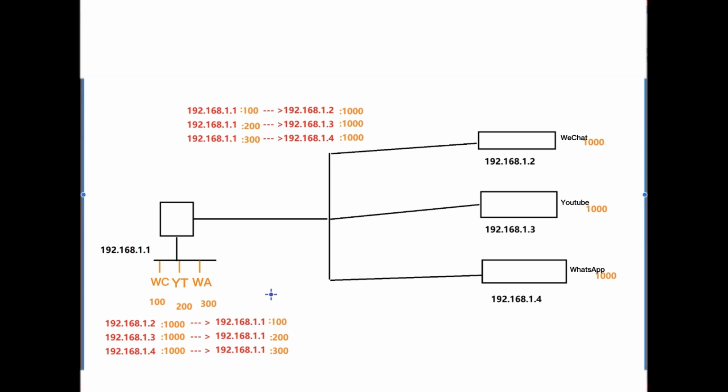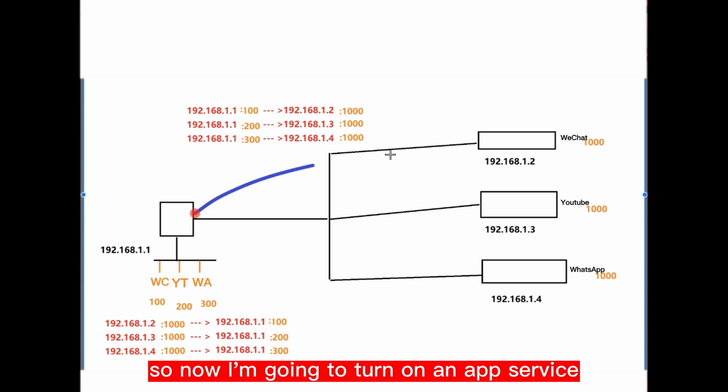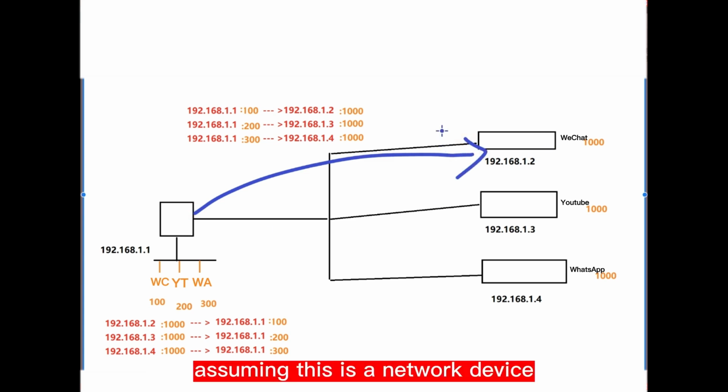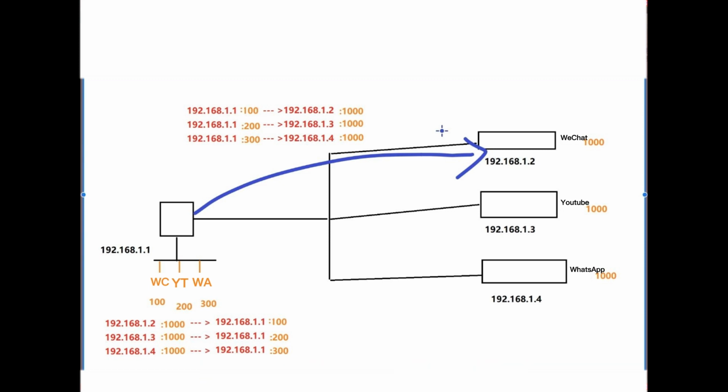For example, the local device wants to initiate a service request, so now I'm going to turn on an app service. Assuming this is a network device, I want to telnet into this device.